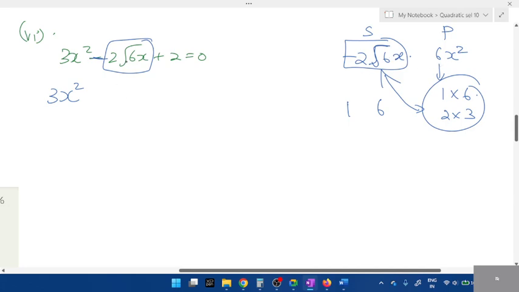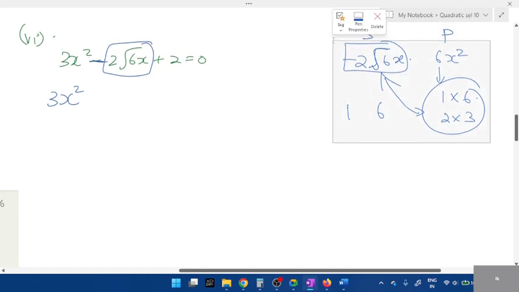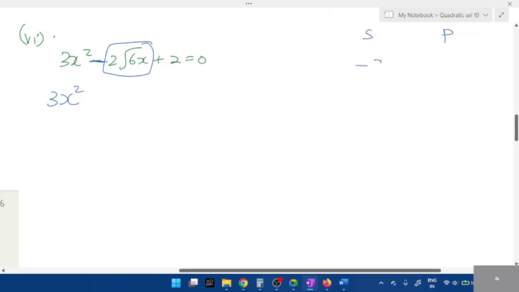Okay, so what you do, how many times is root 6 given here? No, no, ignore this minus. How many times root 6? Twice, right? So split this like this: minus 1 root 6 and minus 1 root 6.